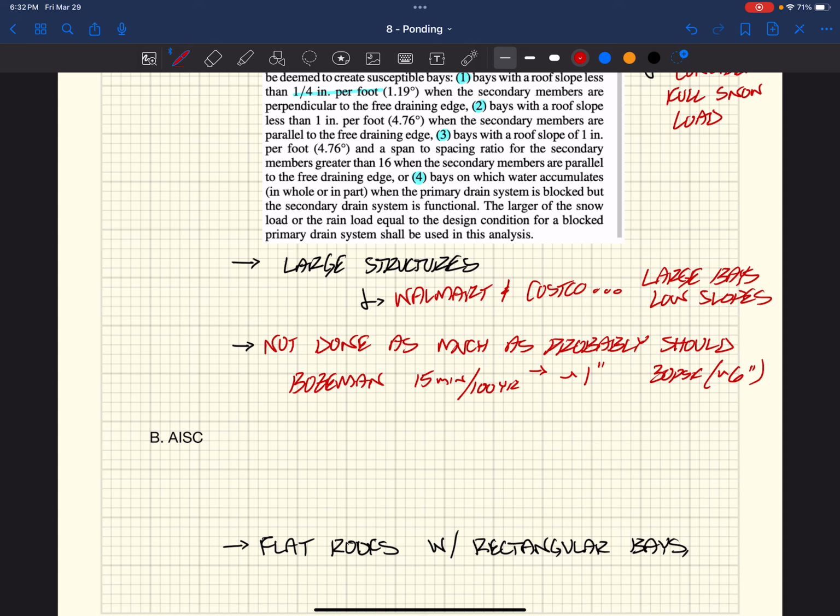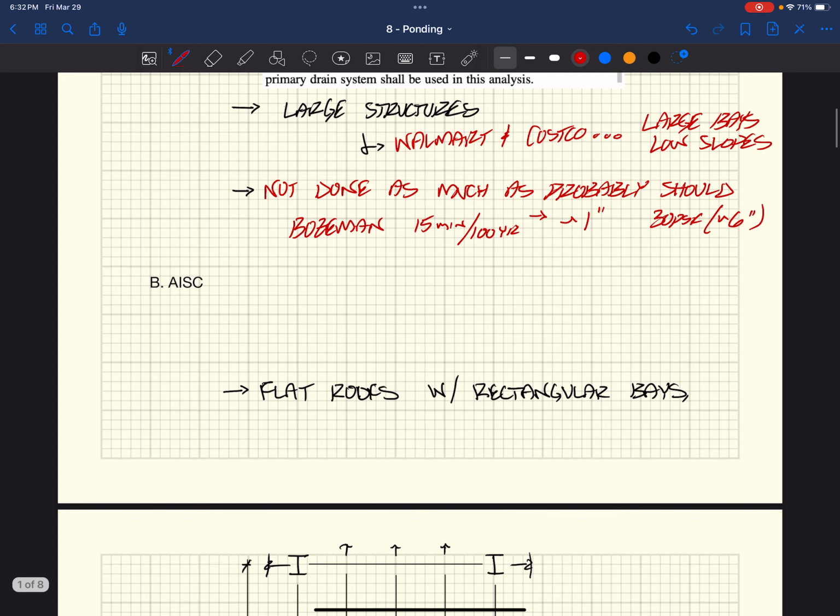But it also depends on the orientation of your draining system on the roof. And like I said, I have, in some instances, just done a quick check review of the ponding aspects in AISC in some cases, just to double check.